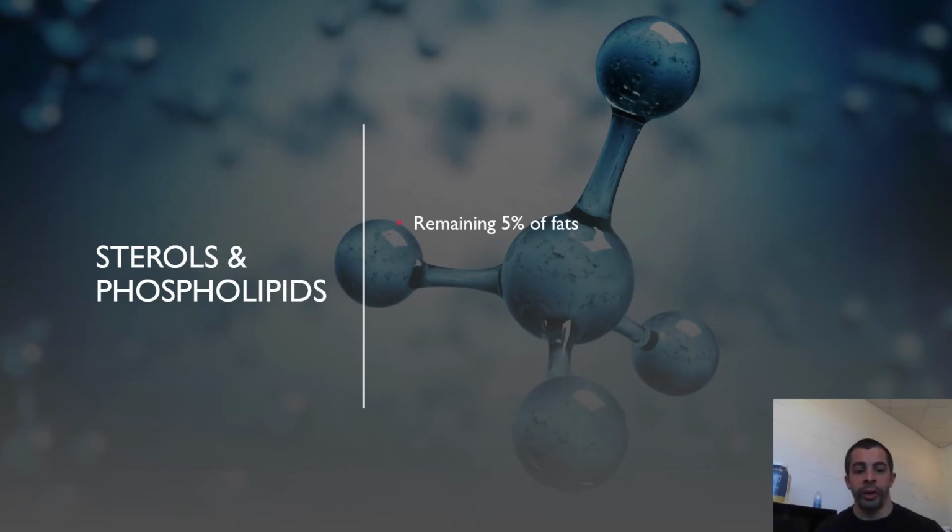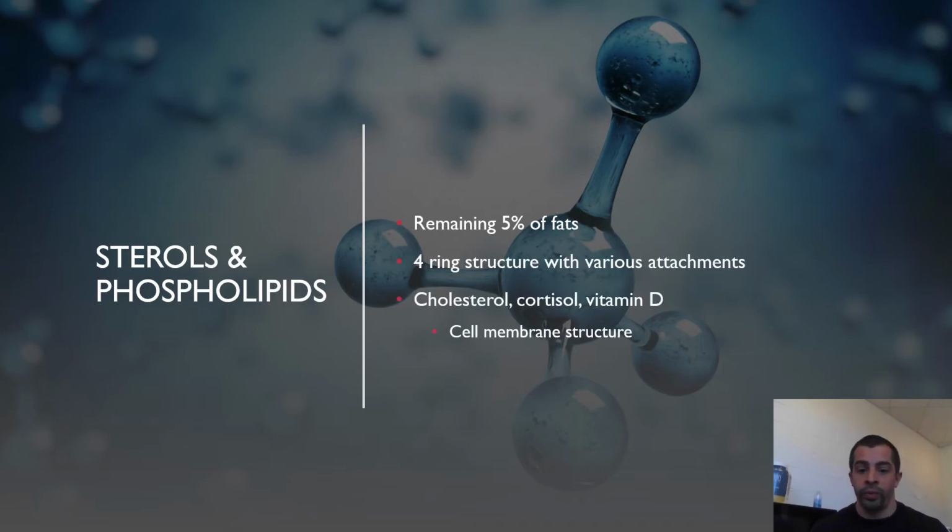Got a nice cool picture here. So of our fats, when we're talking about digestion, absorption, and metabolism, 95% of our fats come in the form of fatty acids. The other 5% are sterols and phospholipids. Although they're only 5% of our diet, they are incredibly important, right?